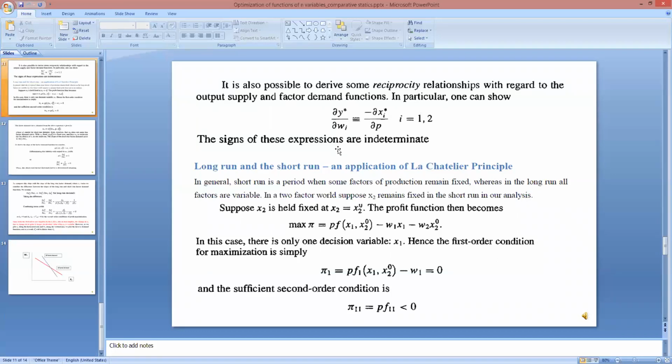So please write down the homework now. Show that del y star by del w1 is equal to minus del x1 star by del p.